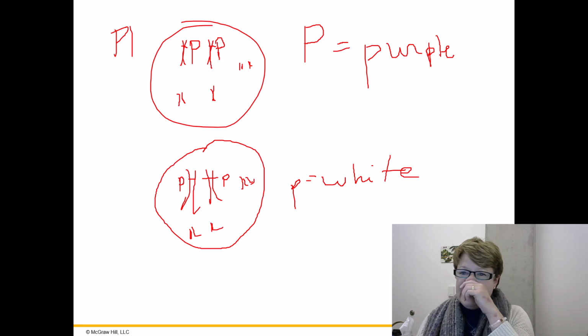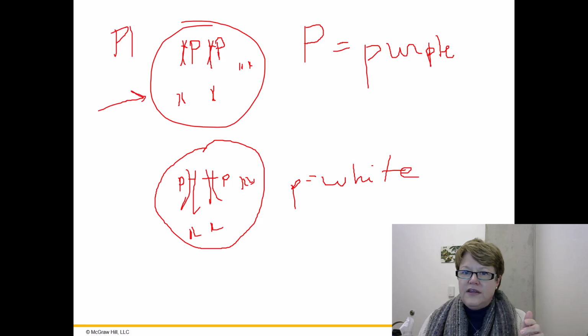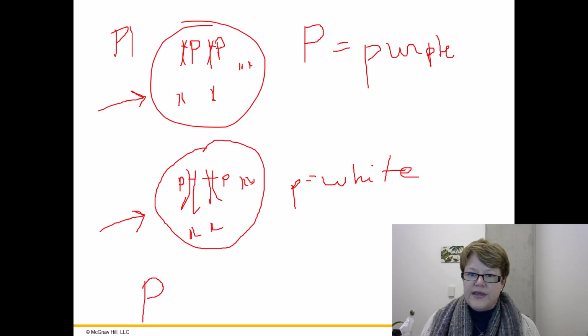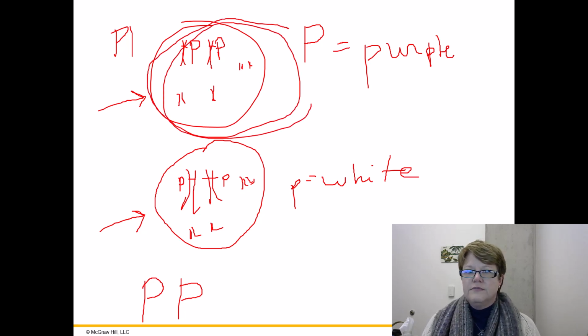And so what happens is, instead of drawing out and saying, okay, the purple flower plant has cells that look like this, and the white flower plant has cells that look like this, we just write the genes we care about. I only care about the gene for flower color, and I only care about the 2 alleles. So big P represents this whole plant.